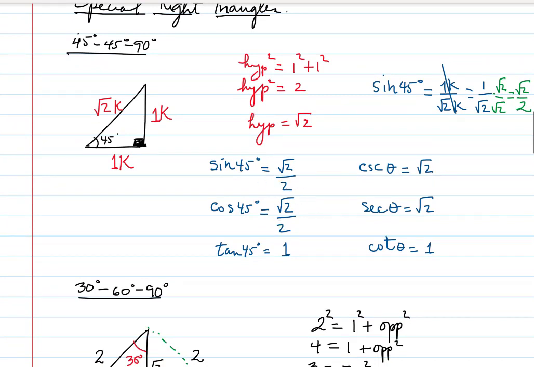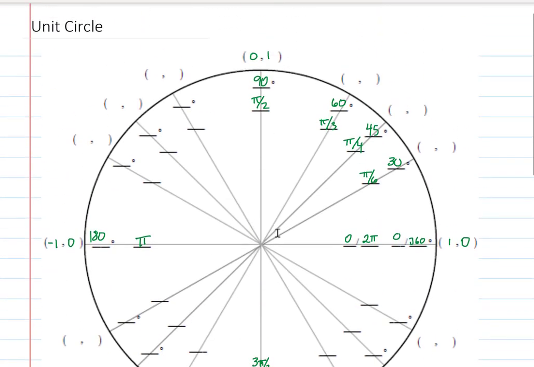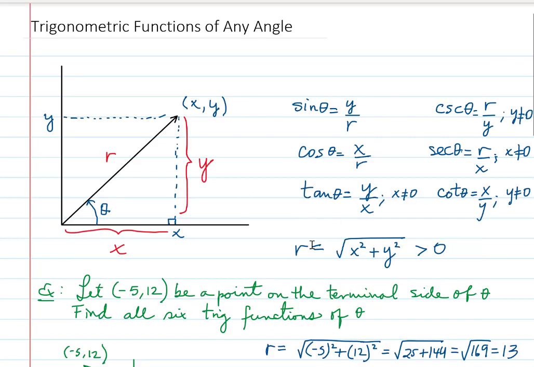Okay, so now maybe a good point to rewrite this. Remember, all of these rays, all of these sides right here are length 1, because this is a unit circle, meaning it's a circle with radius 1. All of these are 1. So the r in this definition is actually 1.